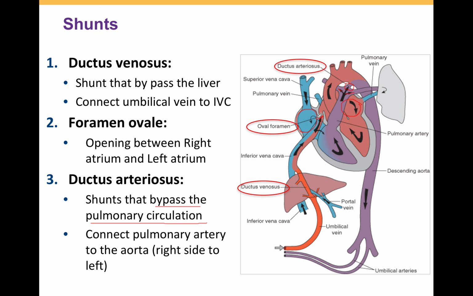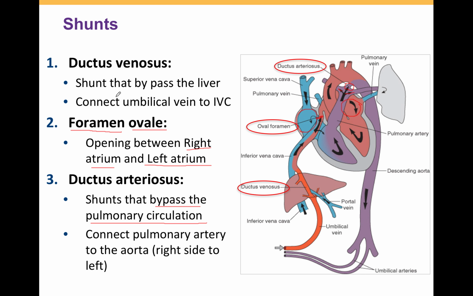This opening is called the foramen ovale. Foramen means a hole, ovale means oval. So basically this is an oval hole. What is its job? It is an opening between the right atrium, what we see here in blue, and the left atrium, which you see as this circle. So basically it takes blood from the right-hand side and switches it to the left.